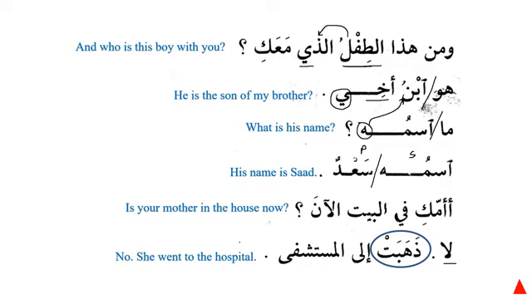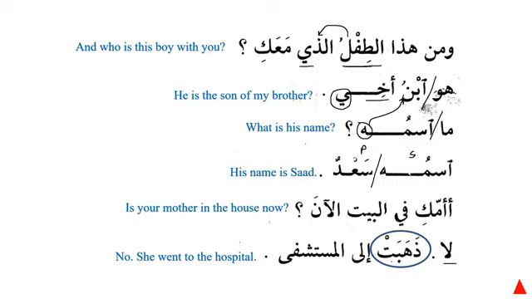Dhahaba, he went. Dhahabat, she went. Jalasa, he sat. Jalasat, she sat. Kharaja, he left. And kharajat, she left. So this is what we need to learn and focus on, that it always has a ta as-sakina in the end, and the addition of ta makes it feminine.